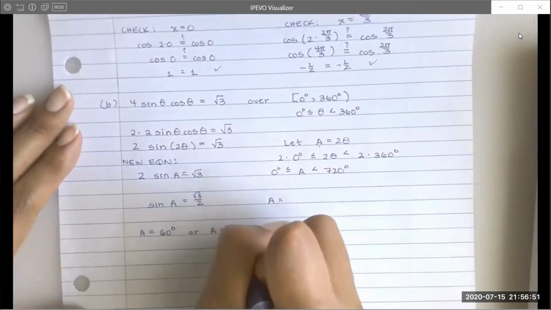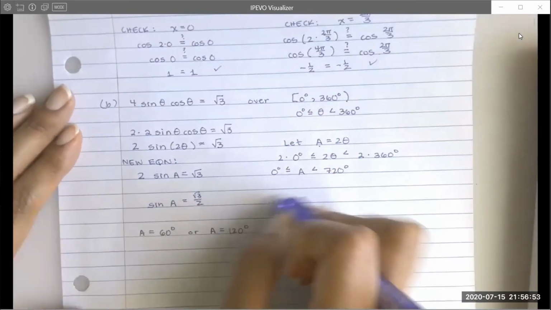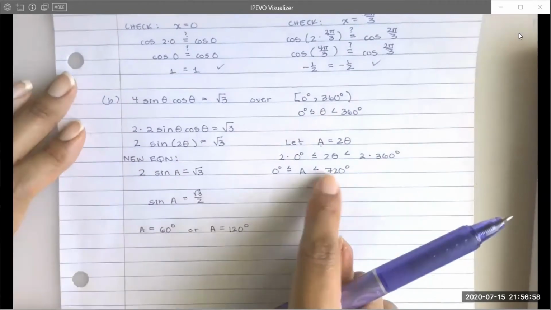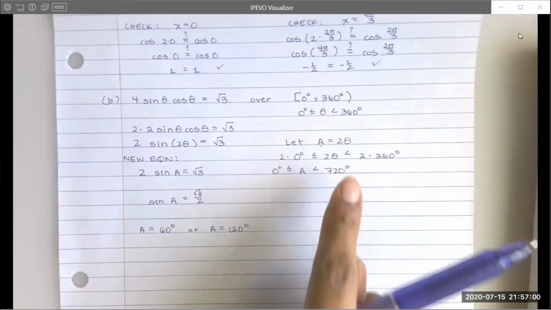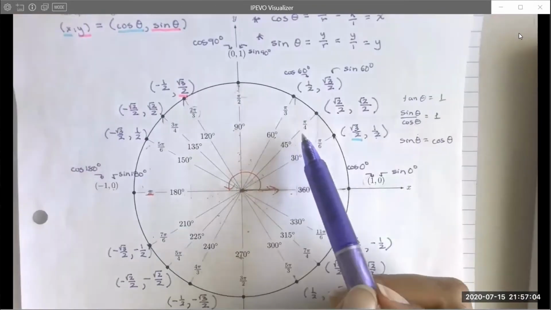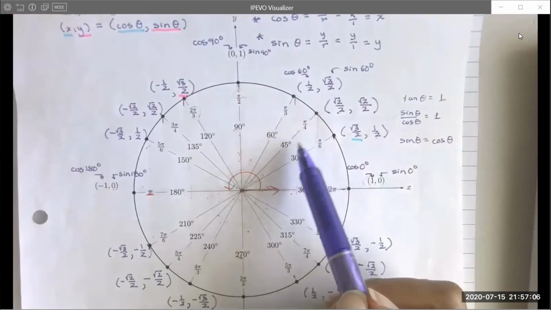Now, because we have a new restriction for a, it's everything from 0 to 720. I have to include the coterminal angles by adding 360 to 60 and 120.